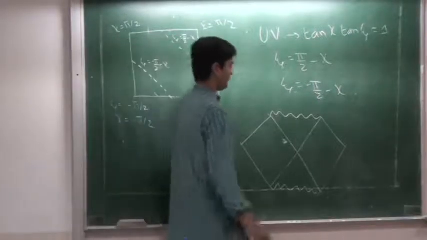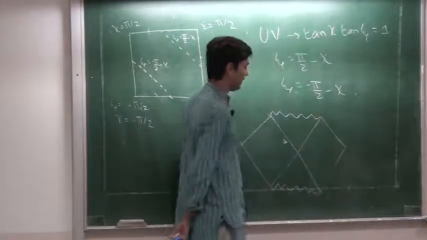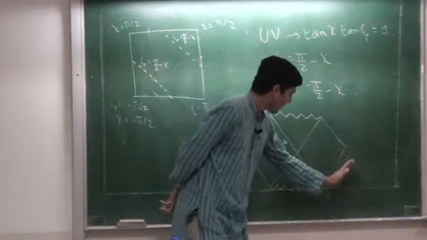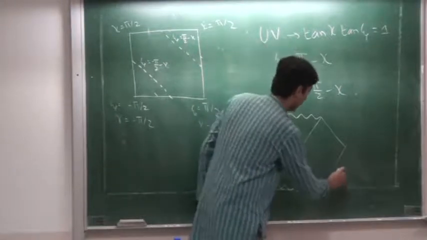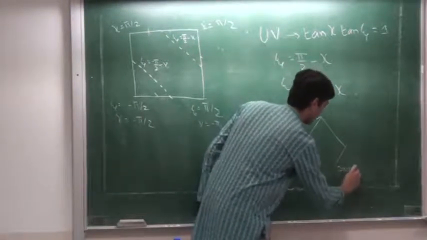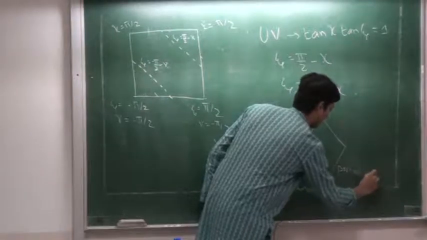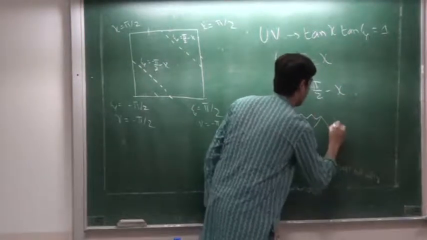In this diagram, there's what's called past null infinity, which is this. There's a future null infinity.